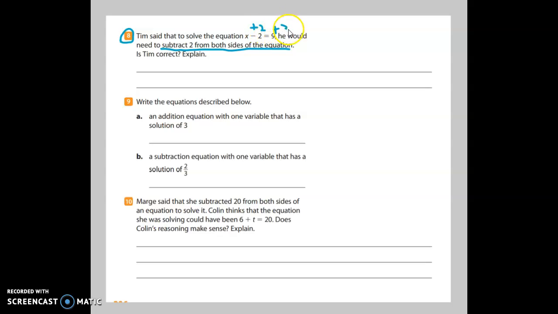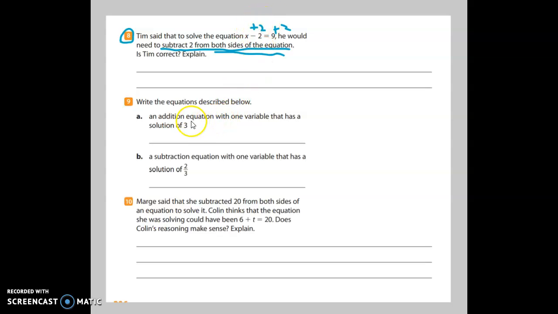So Tim is not correct because you would need to add because it's already subtracting. You want to do the opposite. He is correct, though, that you need to do it on both sides of the equation. So you would say, no, Tim is not correct because he needs to add 2 to both sides, not subtract. The opposite of subtraction is addition.